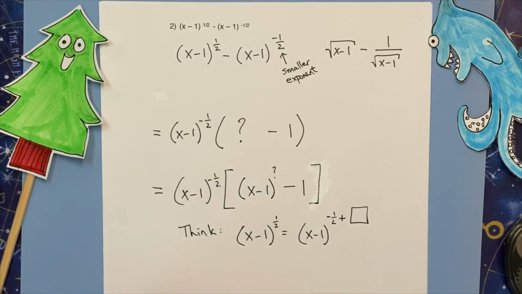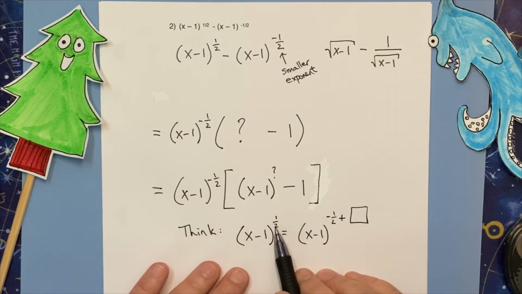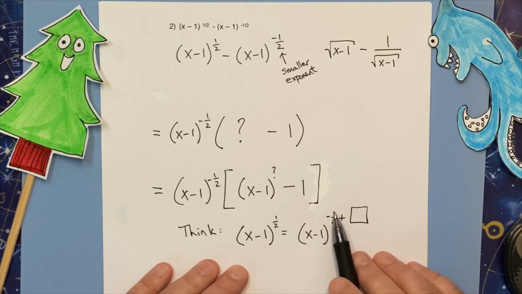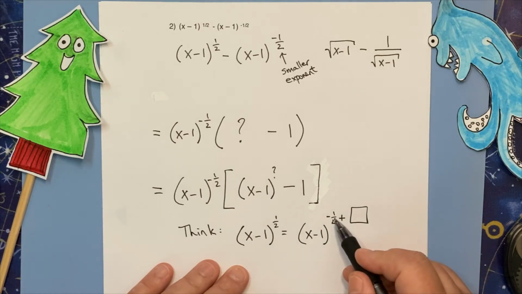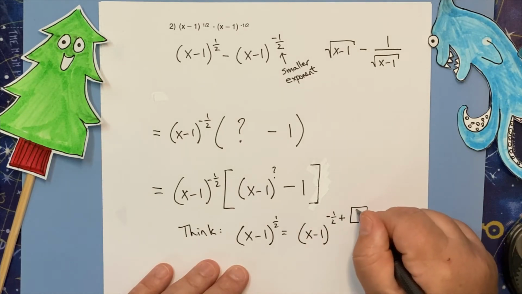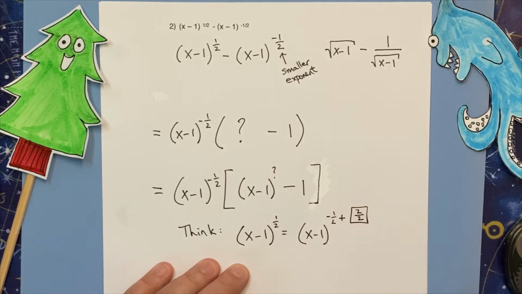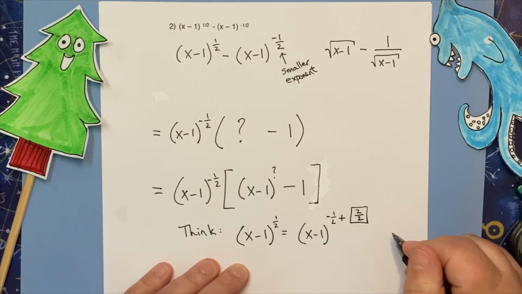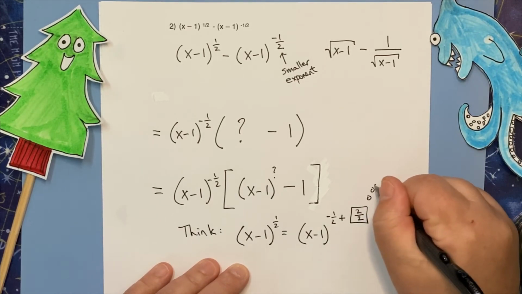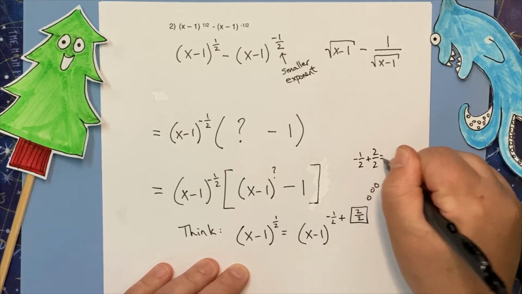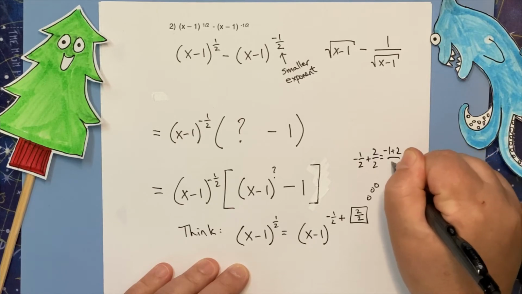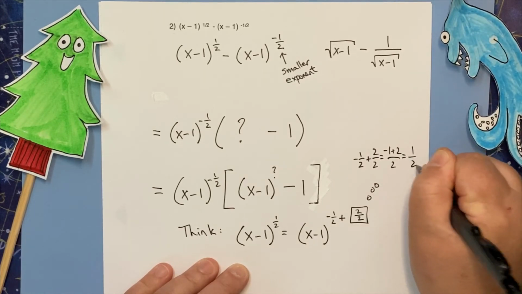So I'm thinking if I have x to the 1/2, I'm going to factor out a negative 1/2. That's what I'm factoring out, and I have to figure out what's left over. And I think, how do I get from negative 1/2 to 1/2? And the answer is I have to add 2 halves. Does that make sense? Negative 1/2 plus 2 halves equals negative 1 plus 2 over 2, which is 1/2.